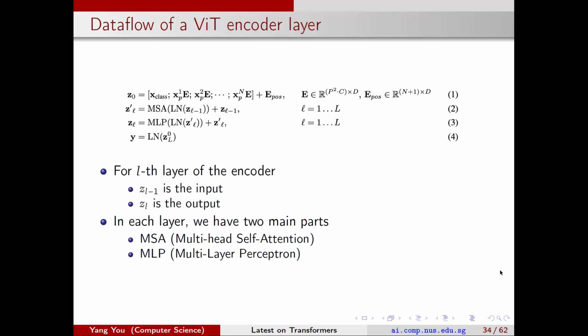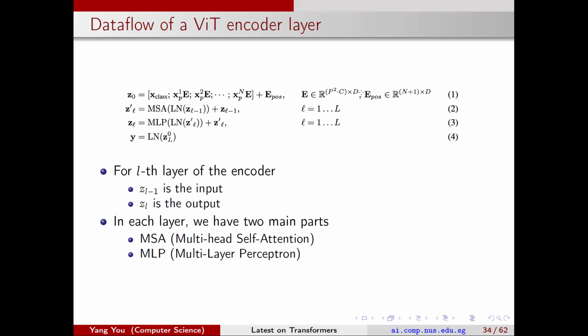So that's the data flow of ViT. Here you need to pay attention to the shapes. We know P squared by C is the shape of a patch. Here we also have D, and N is the number of patches.